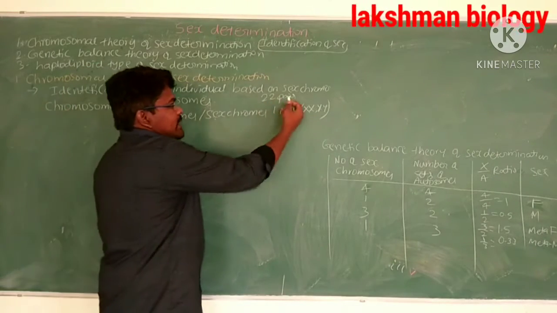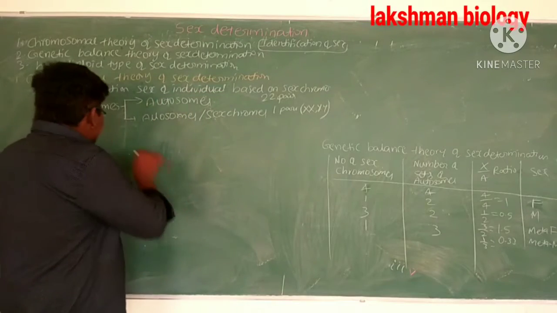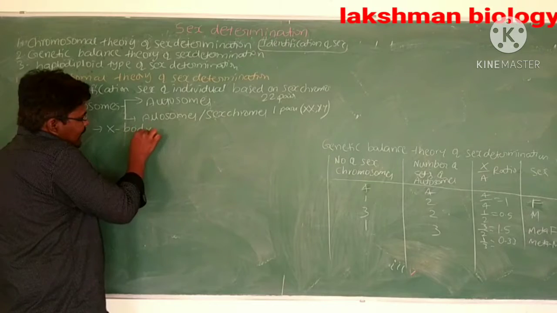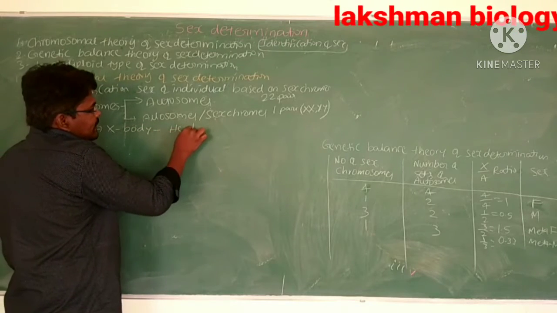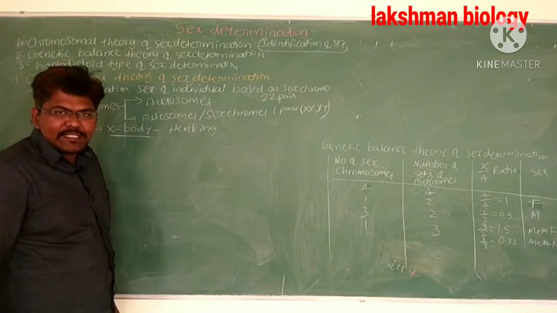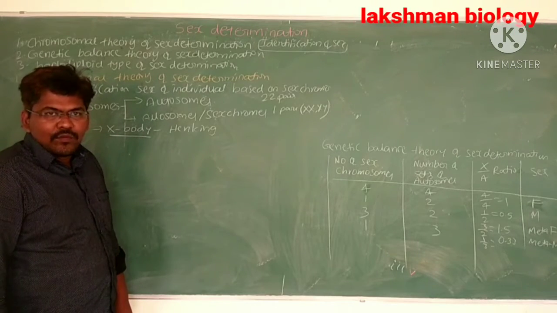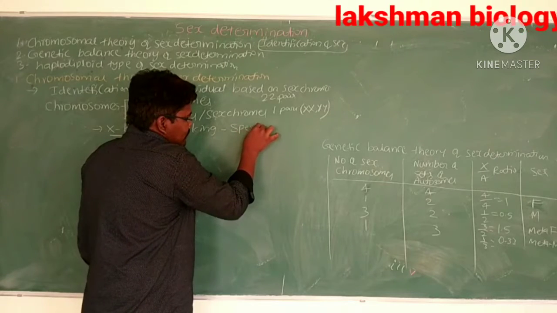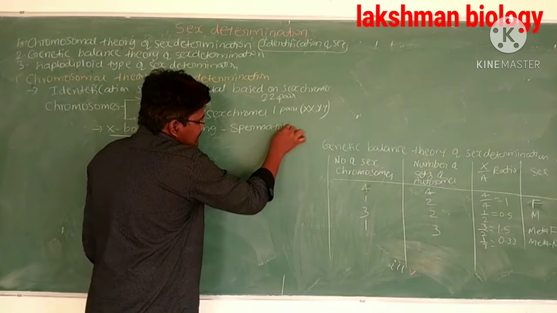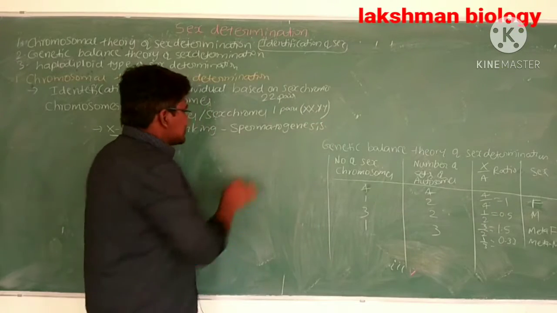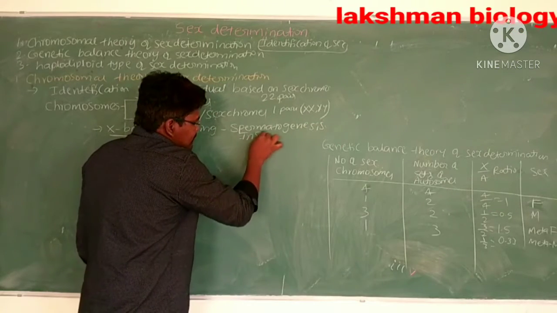Who identified the X chromosome? The X chromosome, or X body, was identified by Henking, and he gave the name X body to the X chromosome while doing research on spermatogenesis of insects.